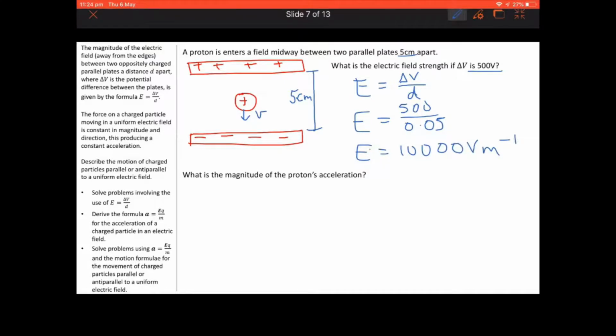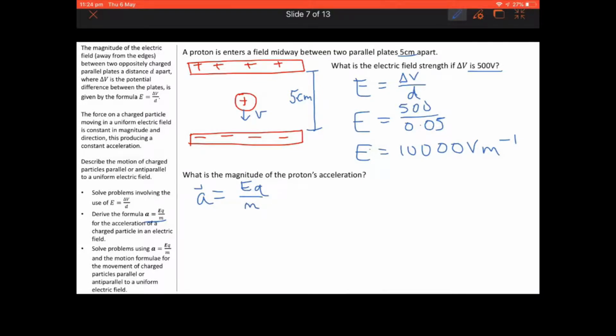Next question's asking, what is the magnitude of the proton's acceleration? To work this out, we'll use this equation here. Acceleration equals the electric field strength times the charge on the proton divided by the mass of the proton.